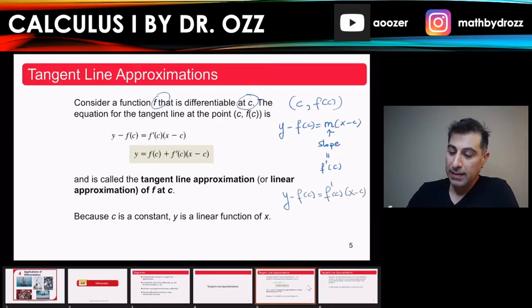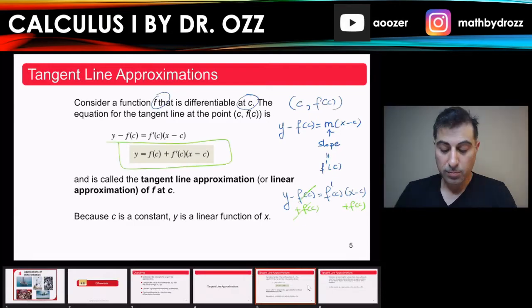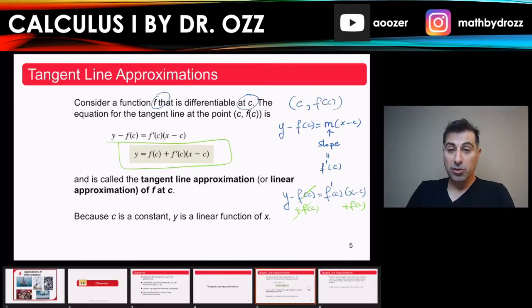And if you add f of c to both sides of the equation, these cancel out, and then we get this formula here. So the equation of the tangent line, if you write it as y equals the rest, is exactly like this.